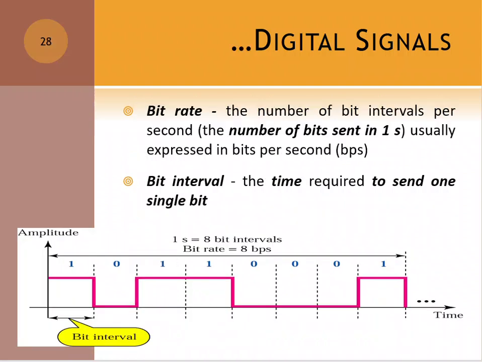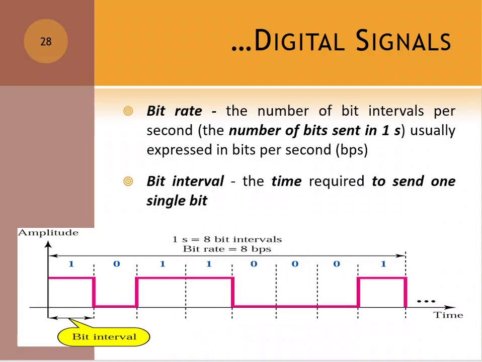Okay. So we're going to look at definition for bit rate and bit interval. Okay, bit rate refers to the number of bit intervals per second, or the number of bits sent in 1 second, usually expressed in bits per second, BPS.